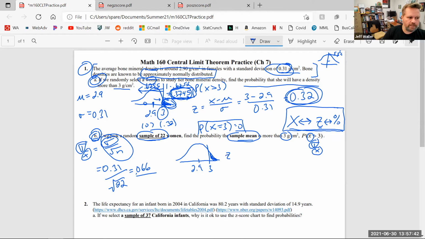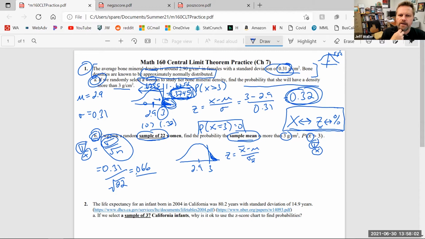Now I want to make a z-score, right? It's x bar minus mu divided by the sigma of x bars. So it's always our data point minus the mean divided by the appropriate spread.